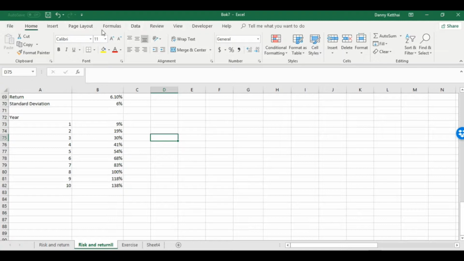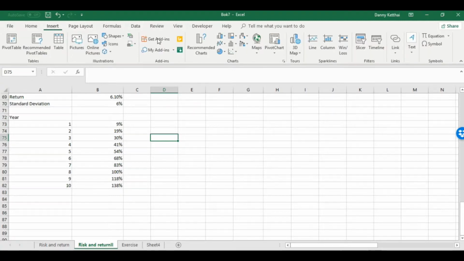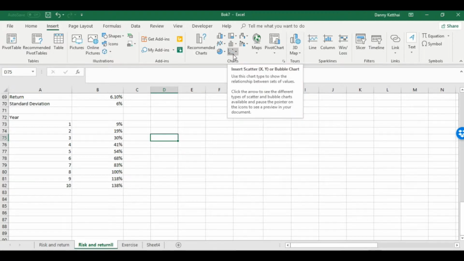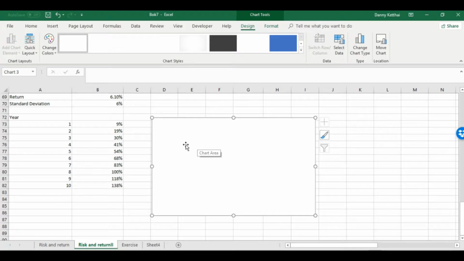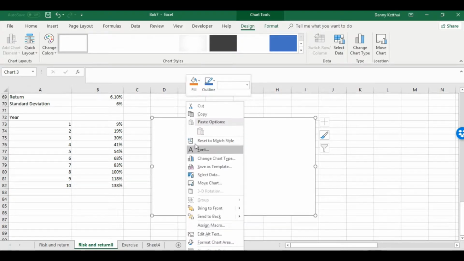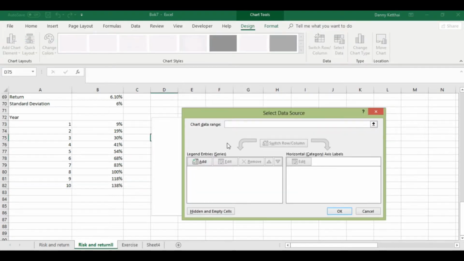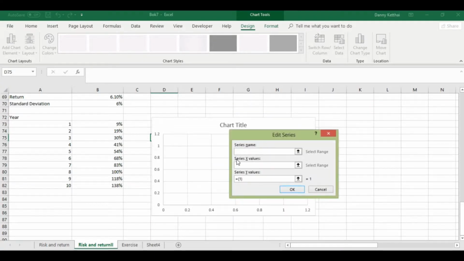So insert, scatter, right click, select data, add.